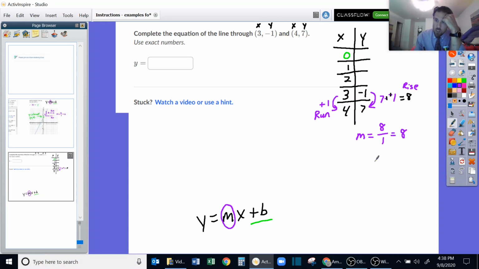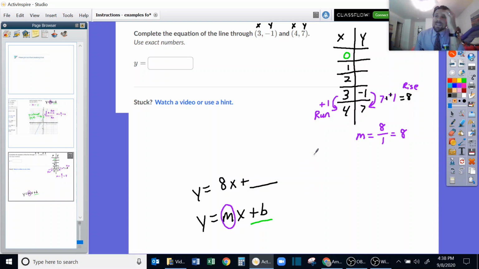So I know my slope number, I know this part of my equation is going to be 8. In fact, I can even start writing my equation here. I don't know what my b is yet, but I know it's going to be y equals 8x plus something. We're not sure yet.